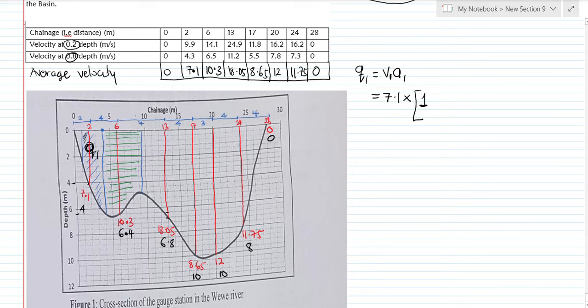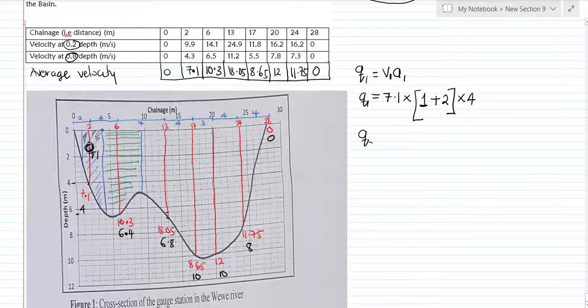I've already done the midsection. The distance is 2, divided by 2, and that is 1. Do you get it? Then the other half here is 2. Times the depth. What is the depth there? 4. So this is Q1.